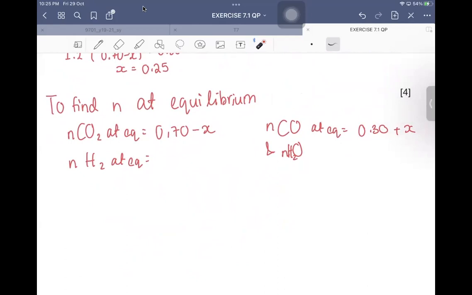You have to sub in your x. This question is not asking for Kc. It wants us to find the number of moles at equilibrium given Kc. So this is a totally different approach from the questions that we have done in your notes. All right.